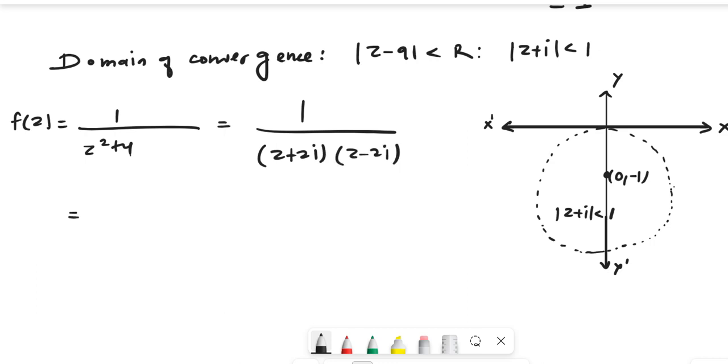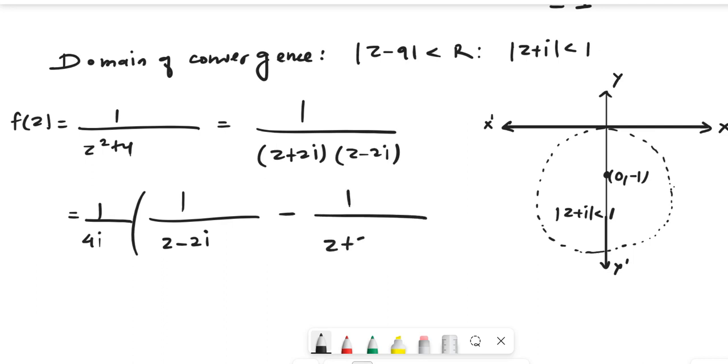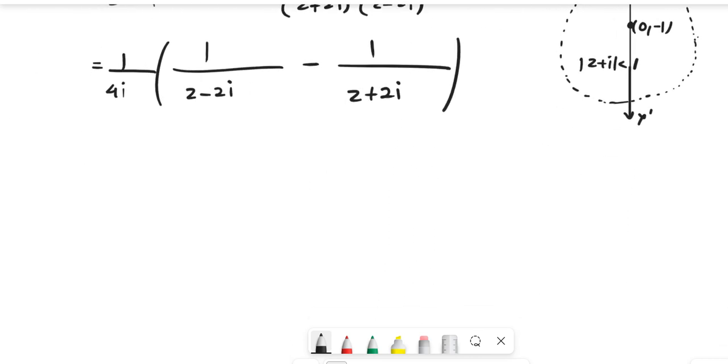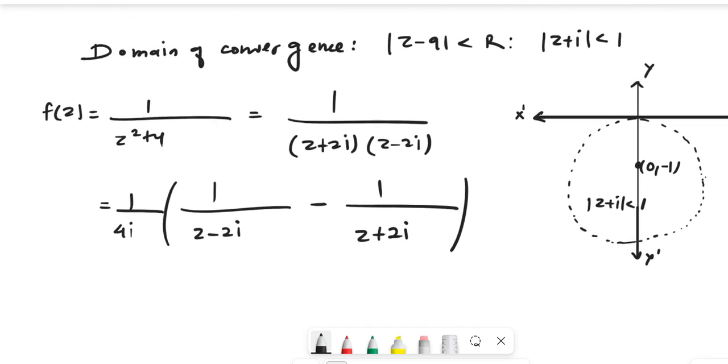So this value is equal to 1 upon 4i times 1 upon z minus 2i minus 1 upon z plus 2i. So now further, we can see that our domain is in terms of z plus i. So in the Taylor series, z plus i should be there.